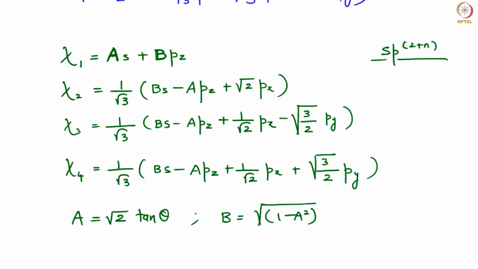So we assume two constants, a and b, write down the contributions of the orbitals in terms of a and b, and ultimately calculate the values of a and b. This was just to give you an idea of how we find the values of n in the case of sp2 plus n. If you are further interested, I would recommend that you go through some of the computational chemistry courses.